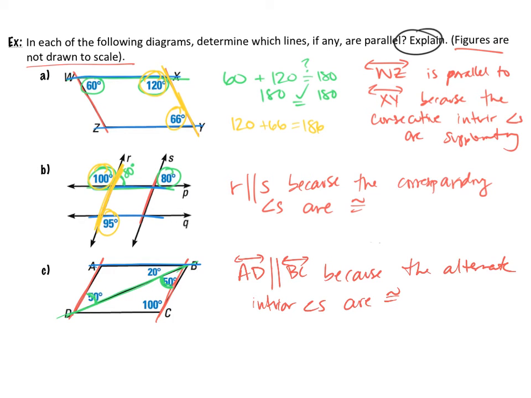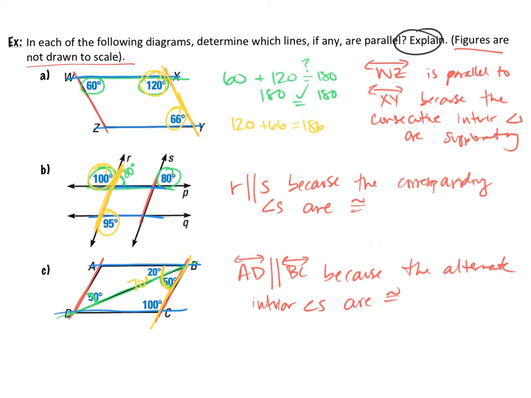So we have AB and DC. And so the transversal I want to use is now line BC. And while I don't have any corresponding angles or consecutive interior angles, because this is actually 20 plus 50, I can do that math.